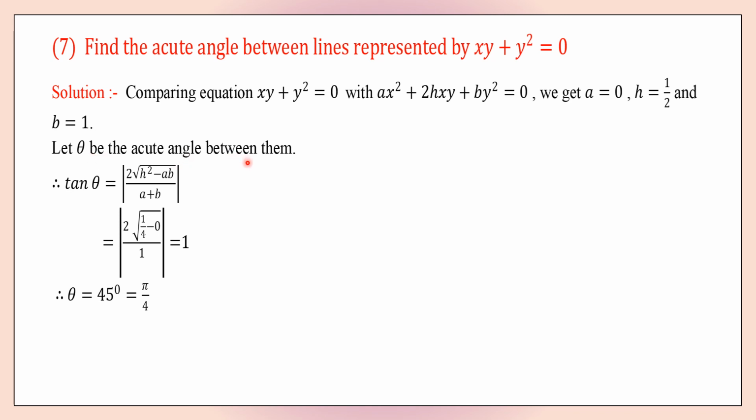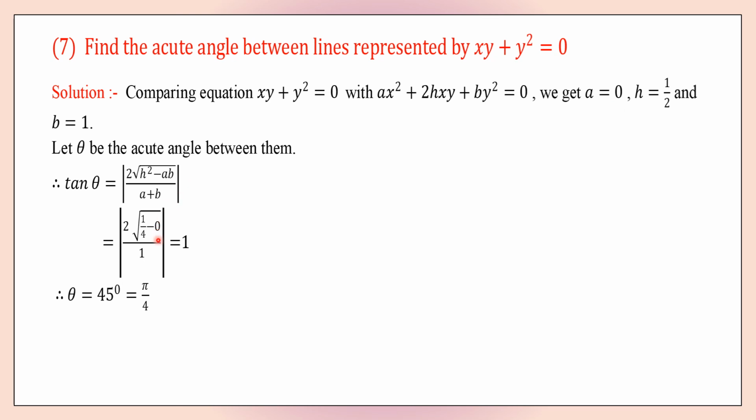Let theta be the acute angle between these two lines. Then tan theta equal to mod of 2 root of h square minus ab divided by a plus b. Putting the values of h, a and b, we get 2 root of h square. h is 1 by 2, 1 by 2 square is 1 by 4, minus a into b, that is 0 into 1 is 0.